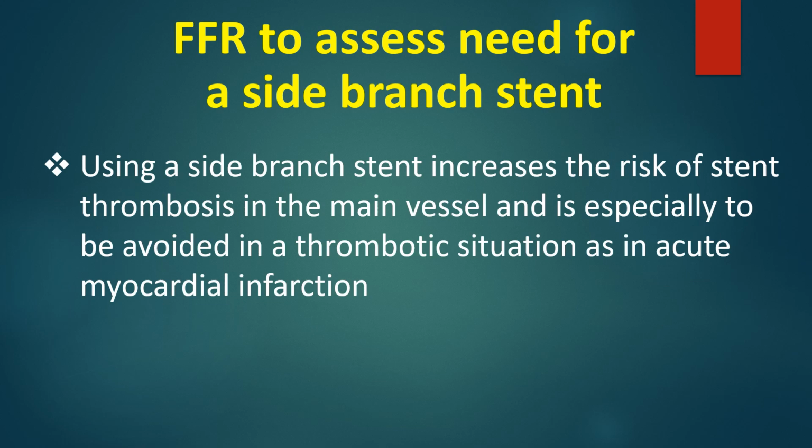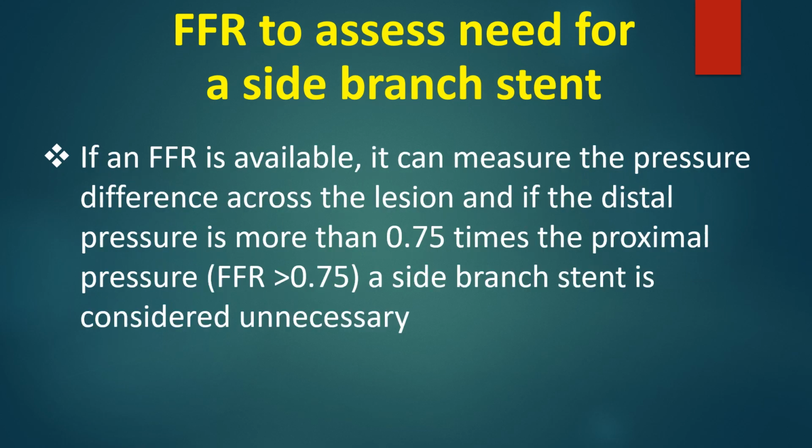Using a side branch stent increases the risk of stent thrombosis in the main vessel and is especially to be avoided in a thrombotic situation as in acute myocardial infarction. If an FFR is available, it can measure the pressure difference across the lesion, and if the distal pressure is more than 0.7 times the proximal pressure, a side branch stent is considered unnecessary.